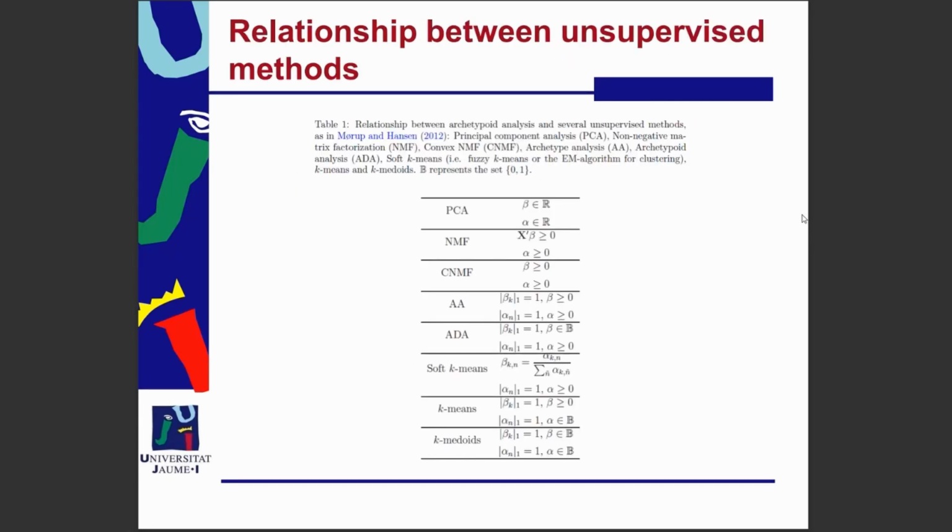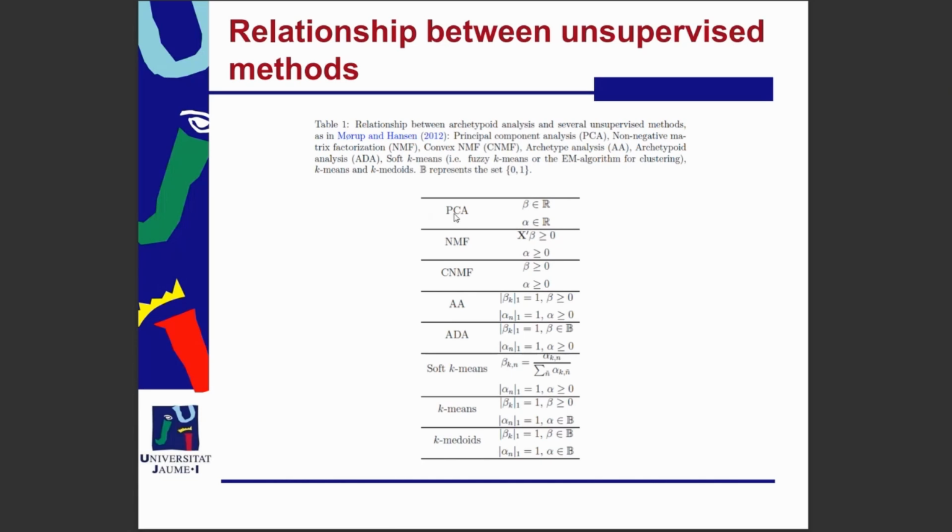Okay, what is the relationship between archetypal analysis and other unsupervised methods? Well, archetypal analysis is in the middle between principal component analysis and k-means, if we think of these kinds of tools as matrix factorization tools.